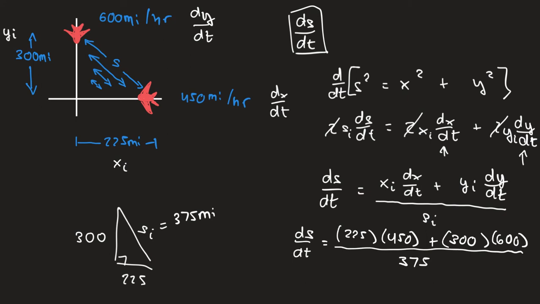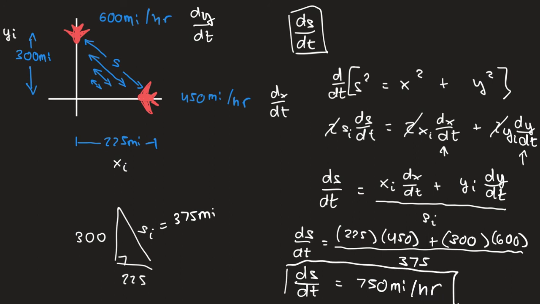So you punch that in the calculator, and you should get that the rate at which distance s is changing with respect to time is equal to 750 miles per hour. What this is saying is the two planes are closing in on each other at the rate of 750 miles per hour.